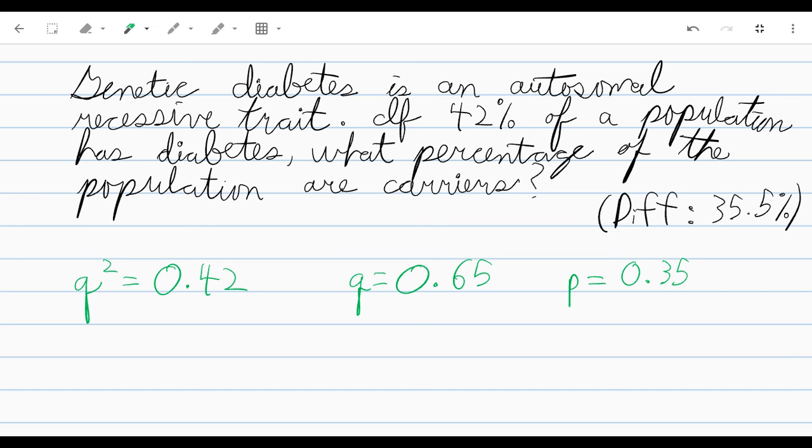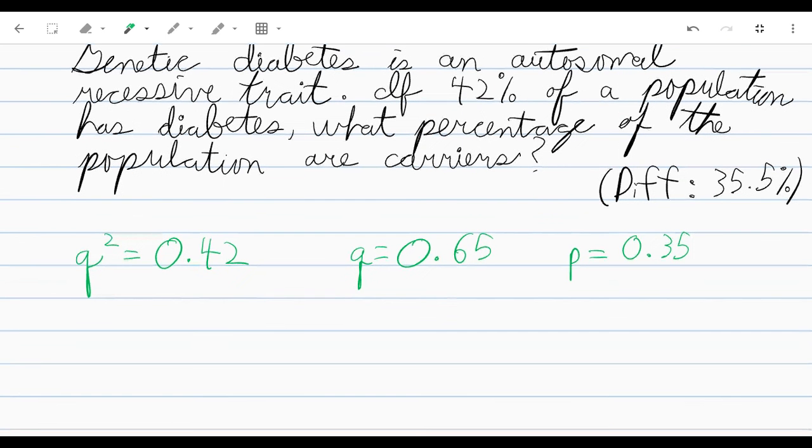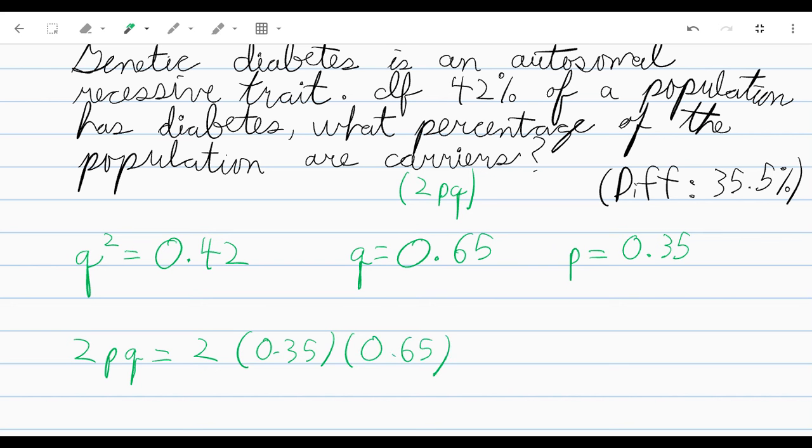Now that we know that, we want to figure out what the percentage of the population are carriers. Carriers are heterozygotes, so that's going to be our 2pq value. So 2pq is going to be equal to 2 times 35 hundredths times 65 hundredths.